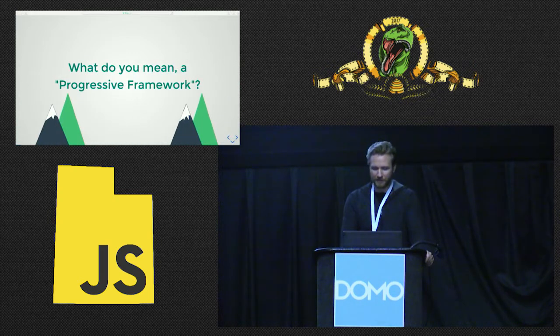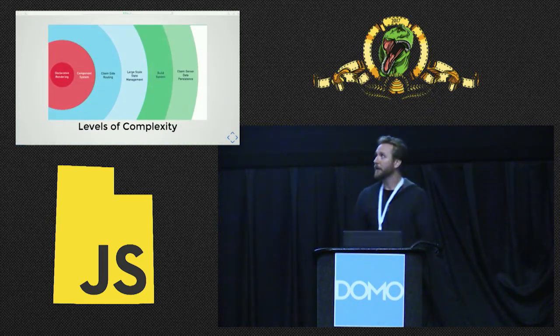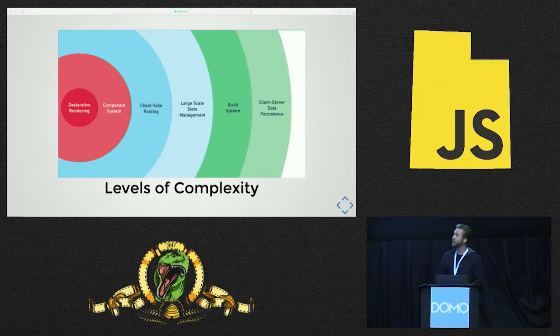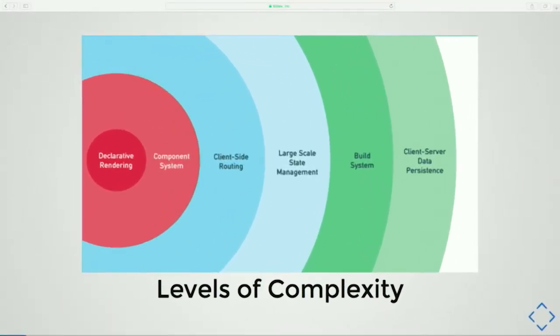So what do you mean by a progressive framework? Evan You shared this graphic with us actually at this conference last year, UtahJS 2016. And he was explaining the problems that we're trying to solve in our applications happen at different complexity levels.